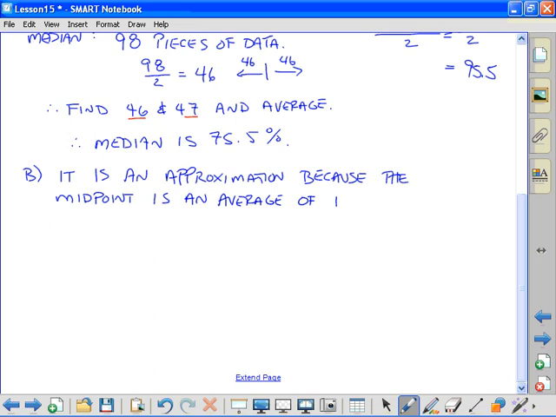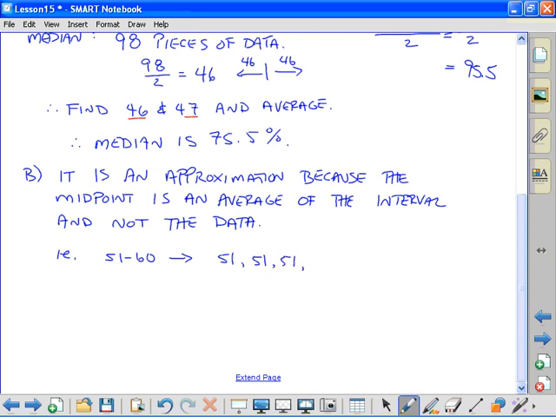and not the data. So for example, let's look at the 51 to 60 range. What happens if the data in there was 51, 51, 51, 51, 58, 58?